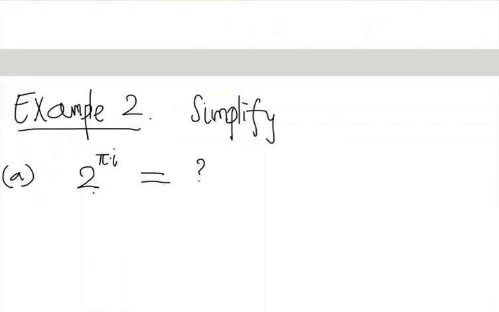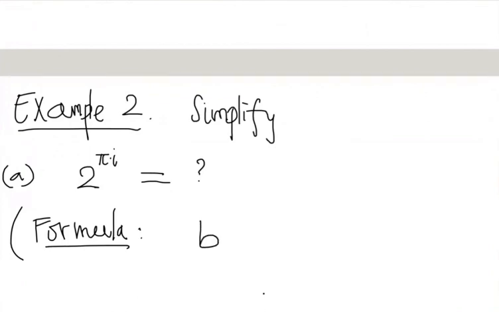So we have to convert it into base e. And here is the general formula to convert from whatever base we have to base e. So say the base is b, and we want to raise to a power complex number z.